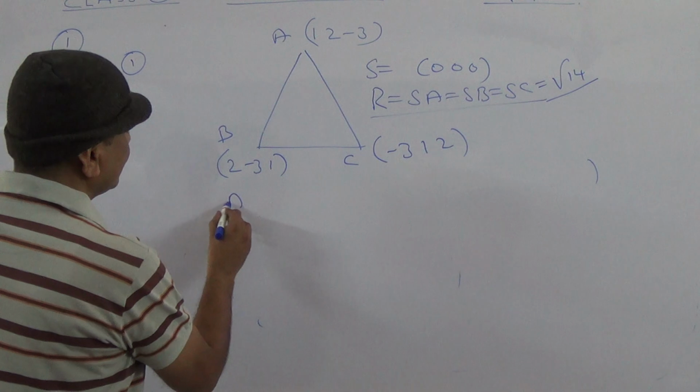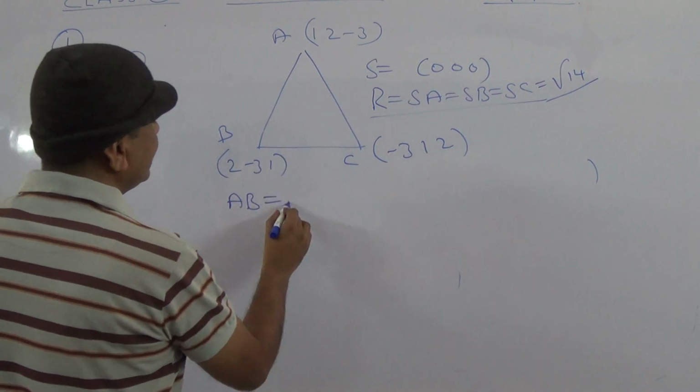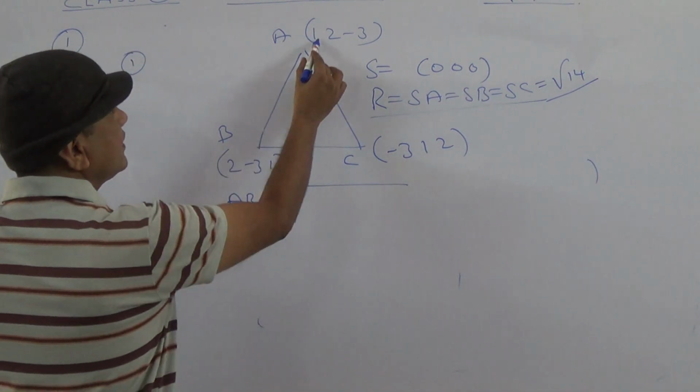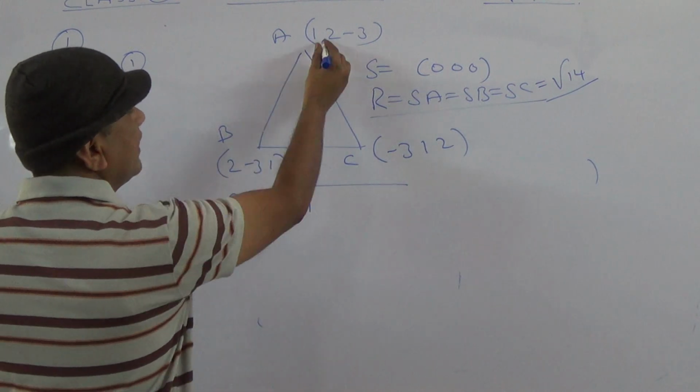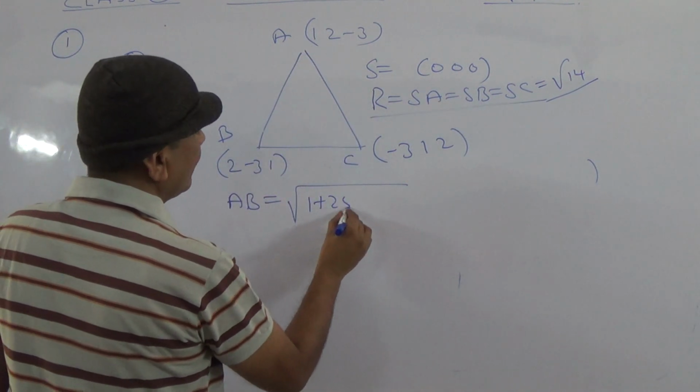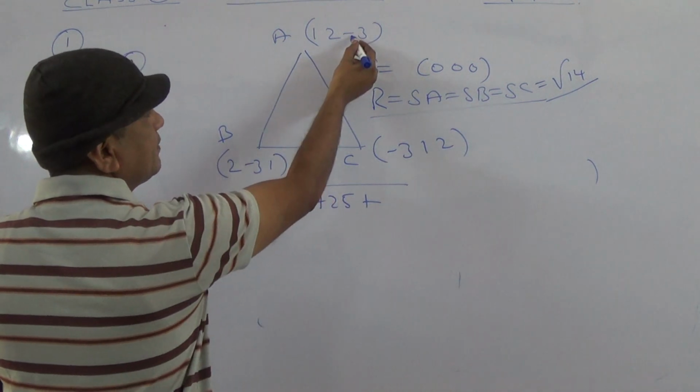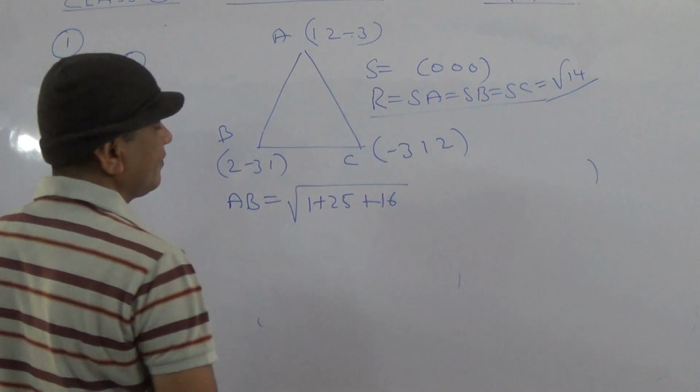Now first, the length of side AB is equal to under root of (2 minus 1) square, (1 minus 3) square, (2 minus 5) square 25, plus 1, plus 3 square, 4, 16.